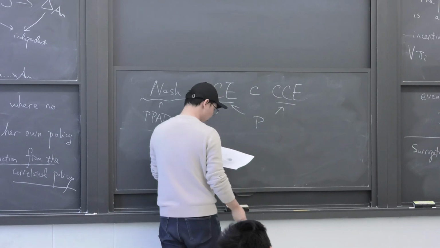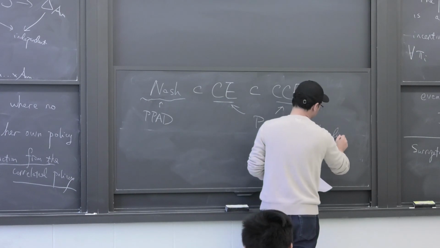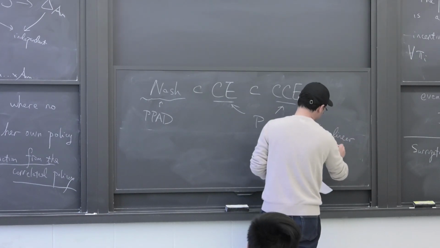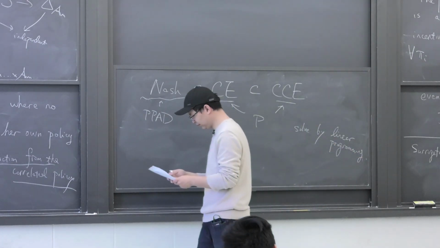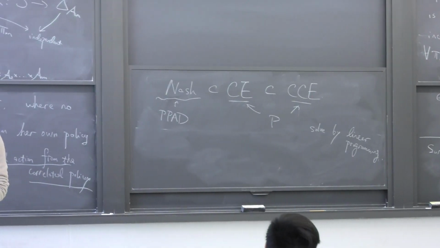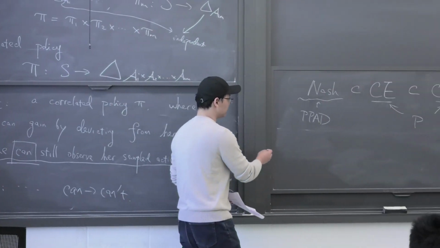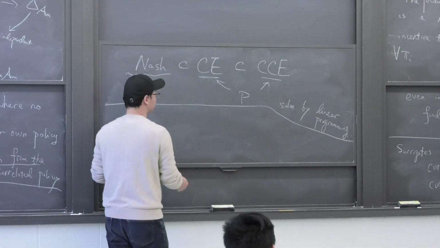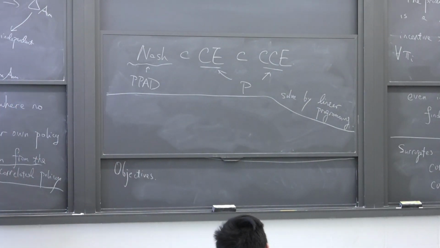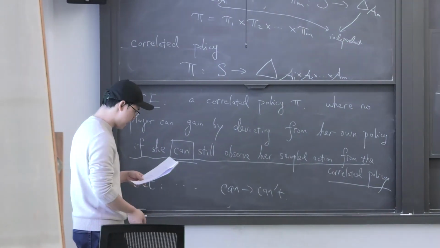You can basically solve it by linear programming for a normal form game. So this is a brief overview of the formulation of a multiplayer Markov game.